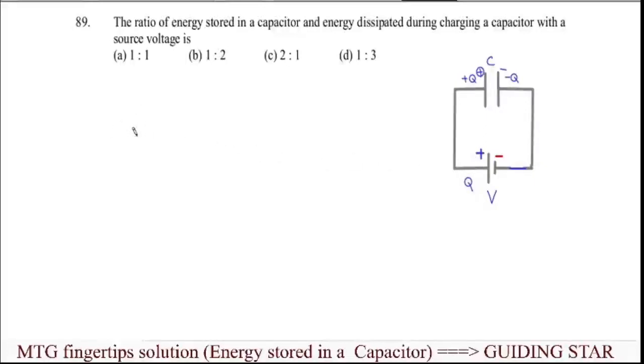Clear? So here the work done by the battery will be simply Q into V. We know the formula: when Q amount of charge is moved through a potential difference of V volts, the energy or work done will be QV. But this Q amount of charge is transferred to the capacitor and stored in it, due to which the capacitor will gain some energy.